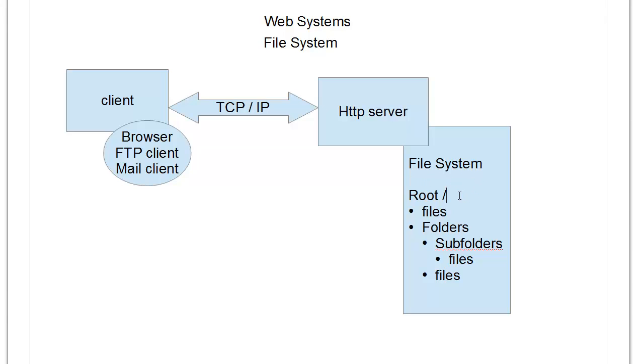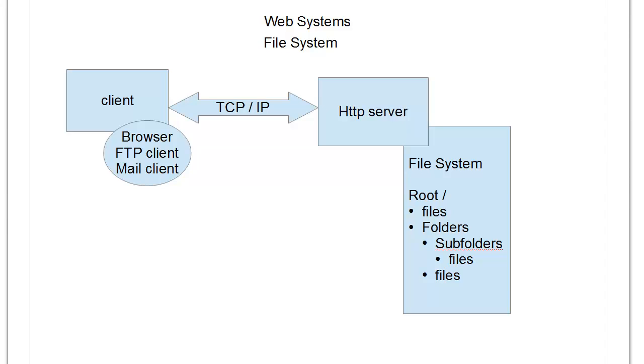So when I have a website set up on a server, I've got the root directory, which is indicated by the /, and within that I've got the ability to have files, folders, and subfolders, and within each of the folders there is the ability to have files. That's the basic makeup of a file system.